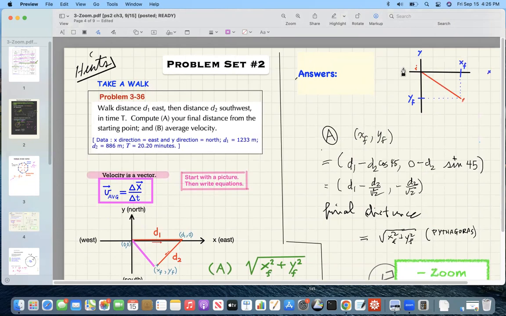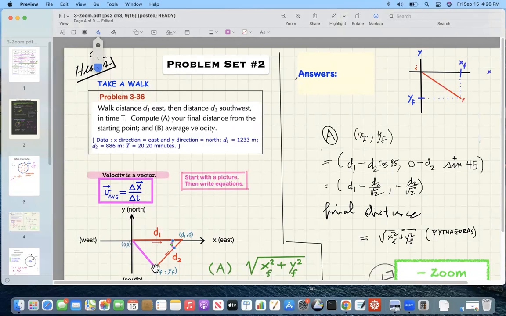So xf is d1 minus d2 cosine of 45 degrees. This is 45 degrees because the direction is southwest. And yf started at 0. At this point, it's still 0, but now it's going negative d2 sine of 45 degrees.